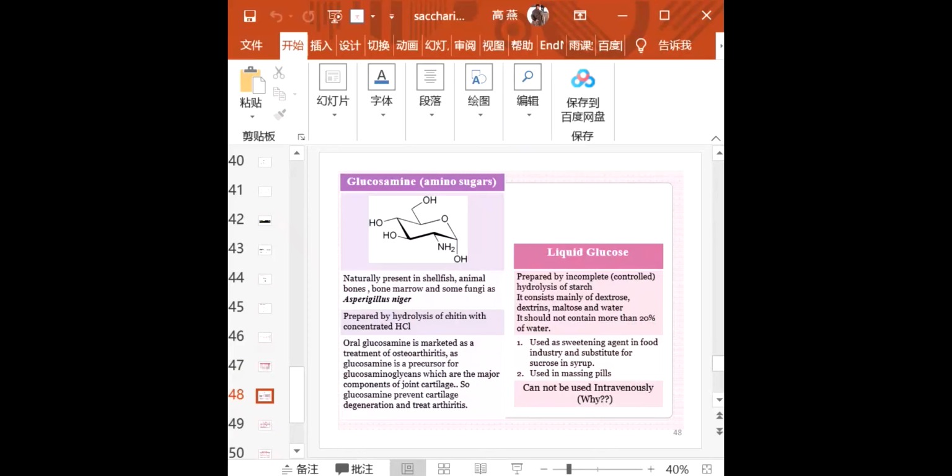Because it is from incomplete hydrolysis of starch. There are dextrose, dextrine, and maltose. These are all things that cannot be endured in the blood circulation system of humans, right?